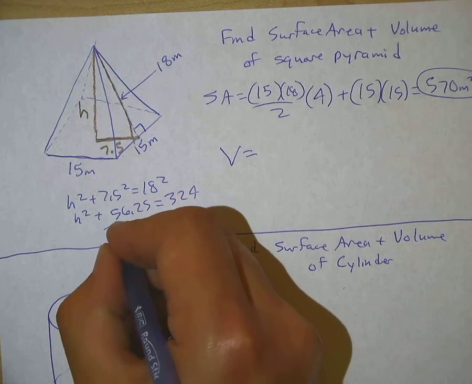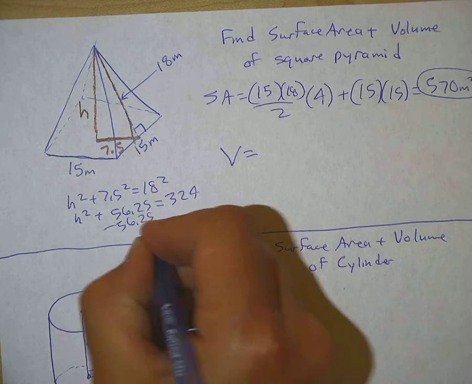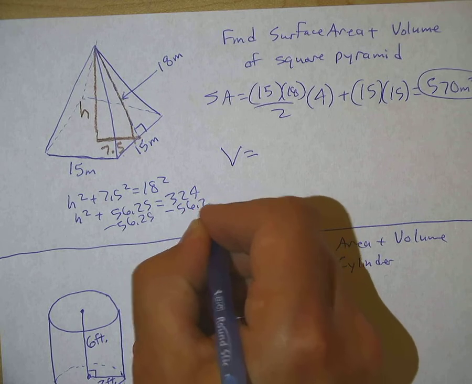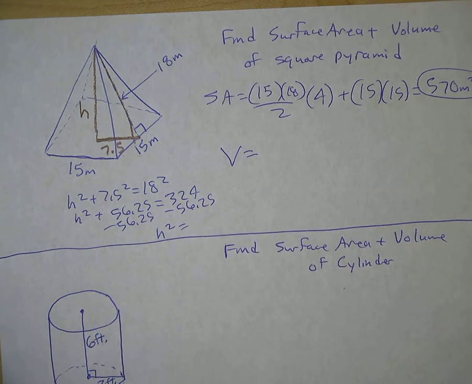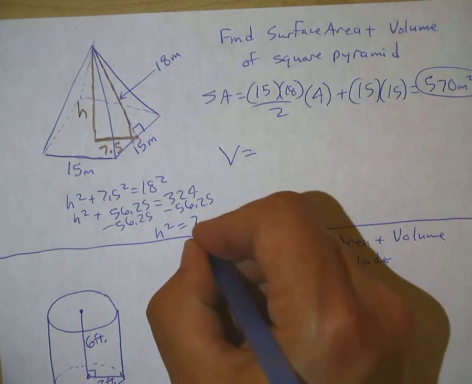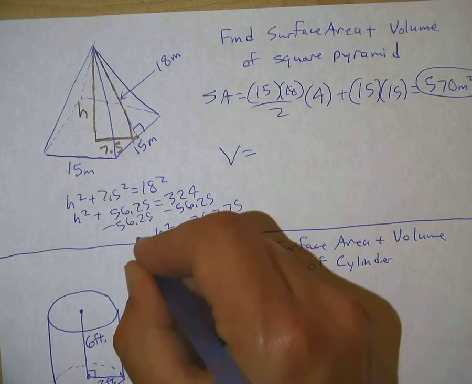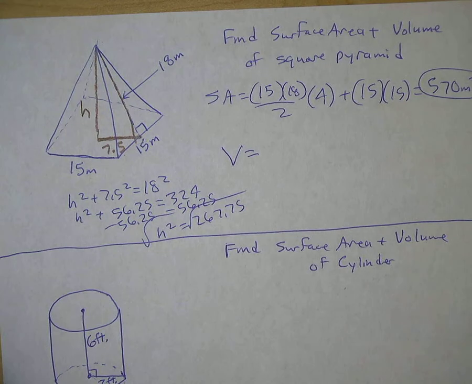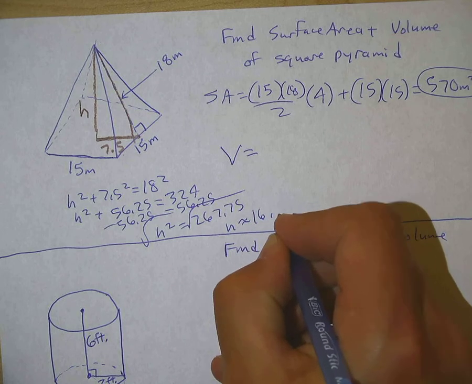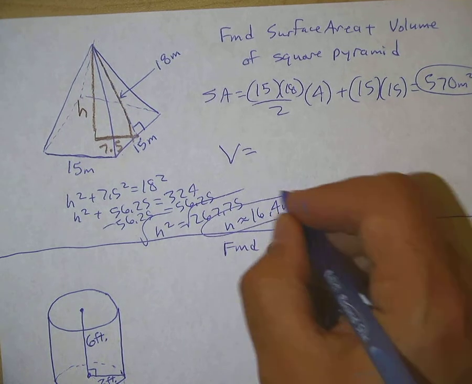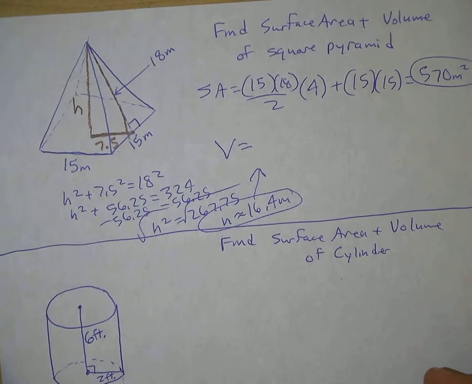I have to subtract 56.25 from both sides, so we get h squared equals 267.75. Take the square root of my answer, and h is approximately 16.4 meters. That's not my answer, but I need that for the volume.